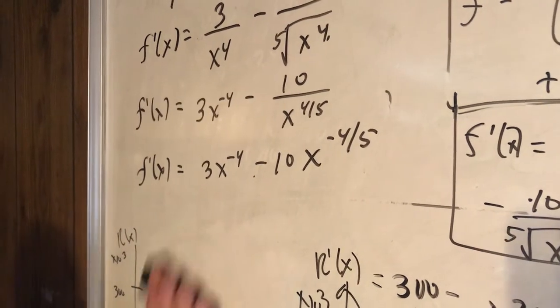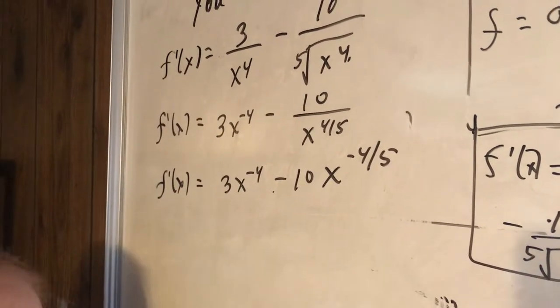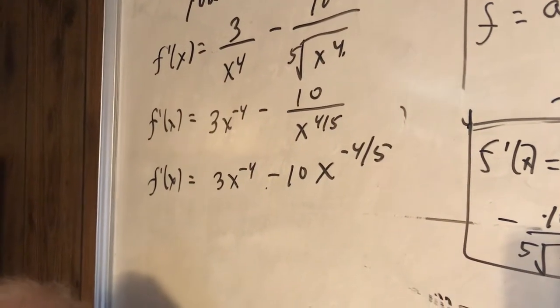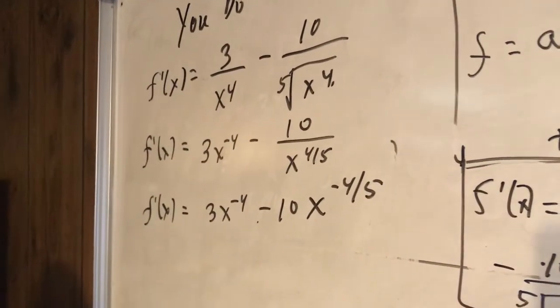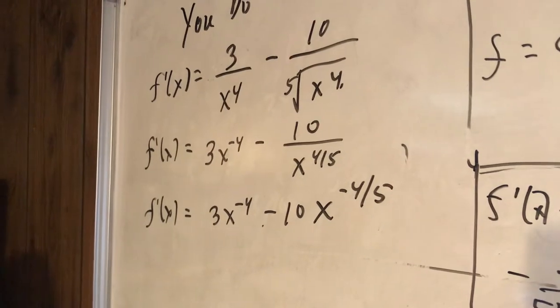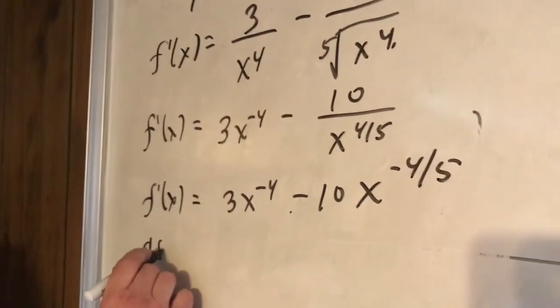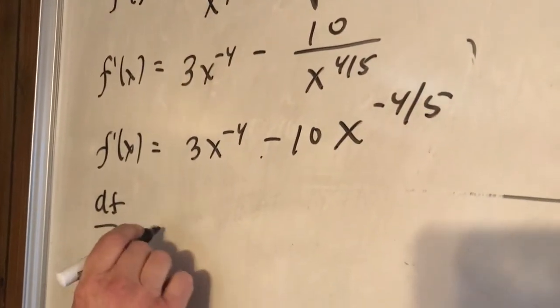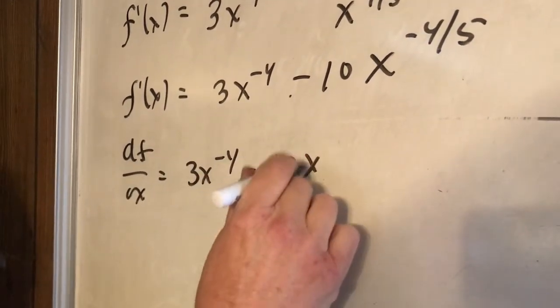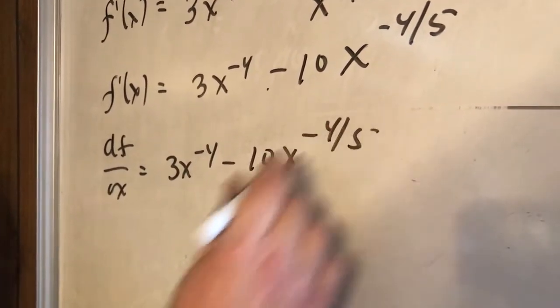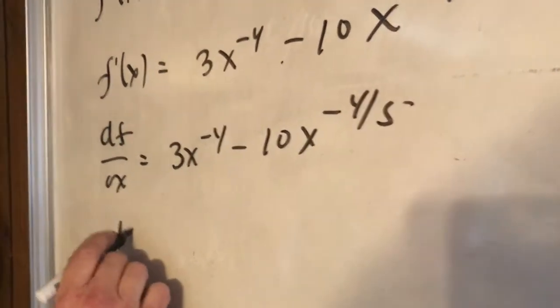Let's erase this. If you didn't get the graph, you can always run it again. So this is df dx. Multiply out by dx.